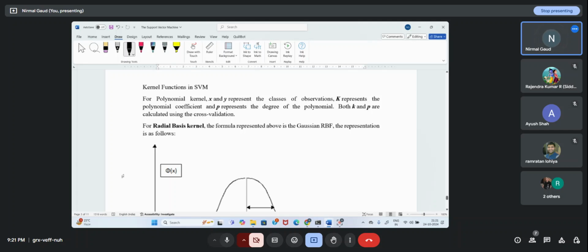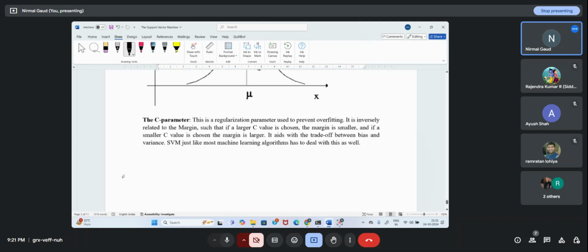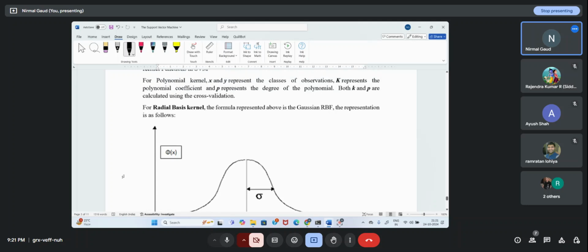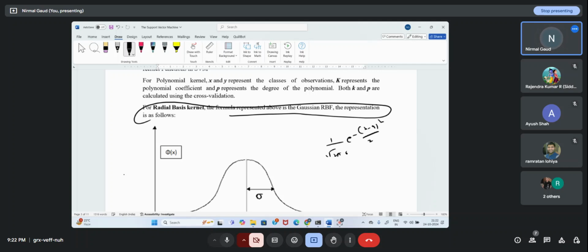So the radial basis kernel, that means the formula represented above is the Gaussian RBF. For Gaussian, you very well know the formula: 1 upon square root of 2 pi sigma, e to the power minus (x minus mu) square upon 2 sigma square. This is the Gaussian distribution formula. So RBF is based upon this.